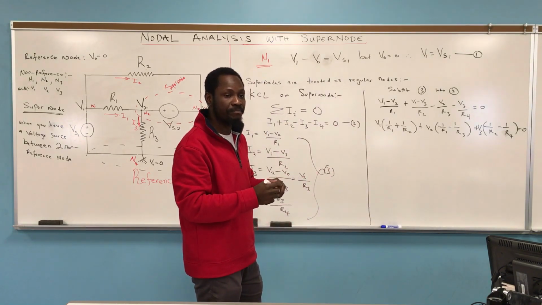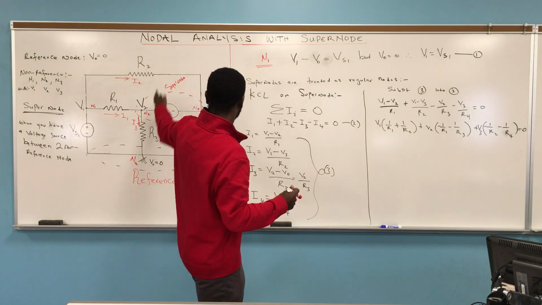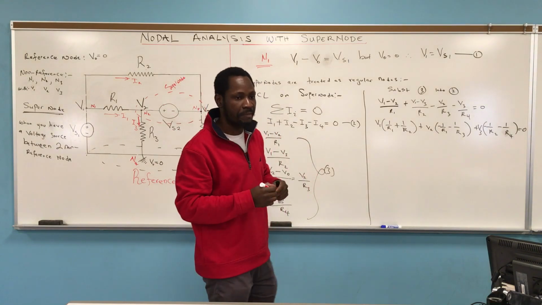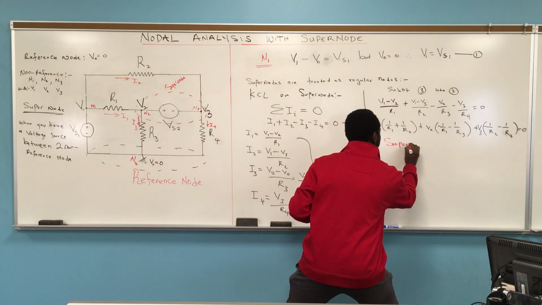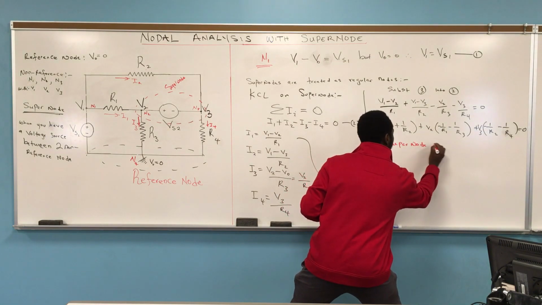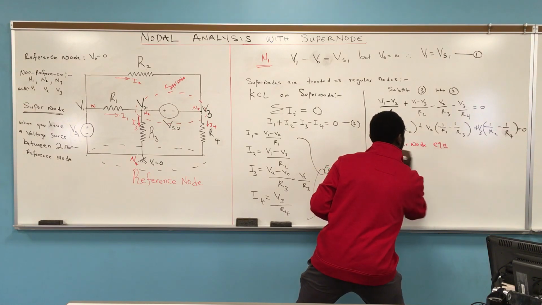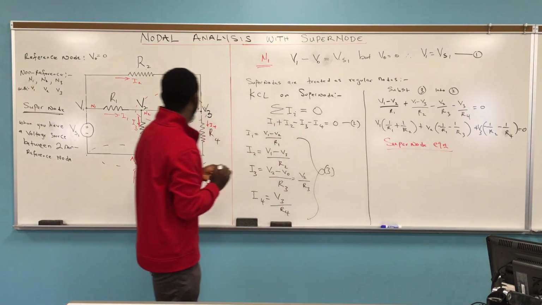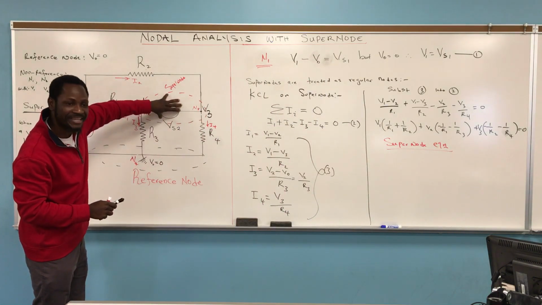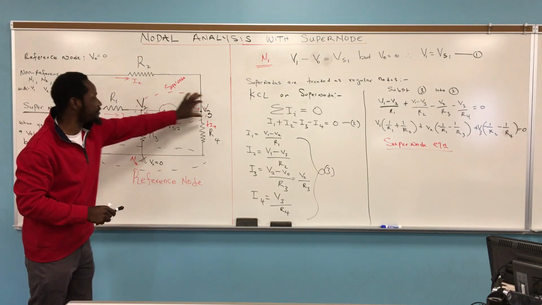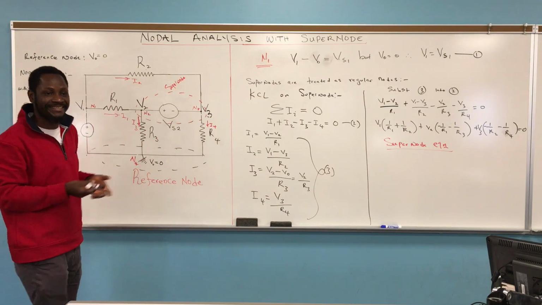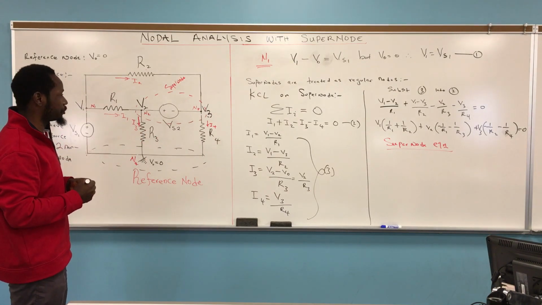And that's what makes a circuit with a SuperNode kind of easy, because we have a SuperNode equation. And what's the SuperNode equation? This voltage source, positive, negative, is the difference between these nodal voltages. That's the extra equation.